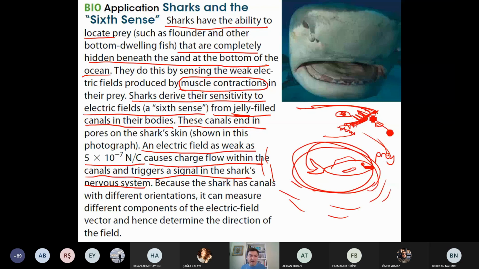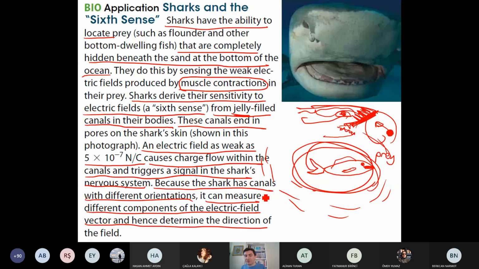Because the shark has canals with different orientations, it can measure different components of the electric field vector and hence determine the direction of the field. So sharks can find the position of their prey by using these canals, these pores.